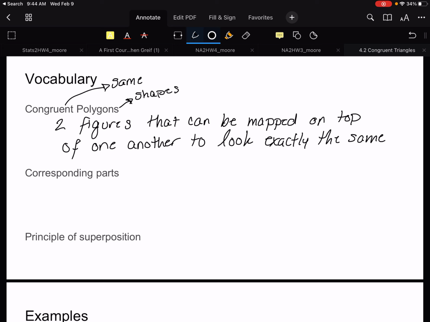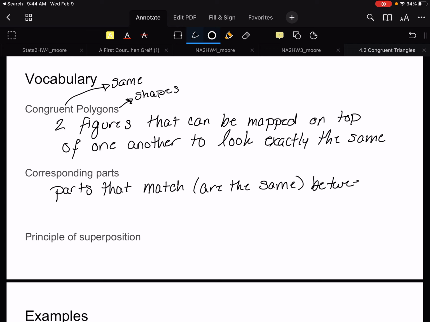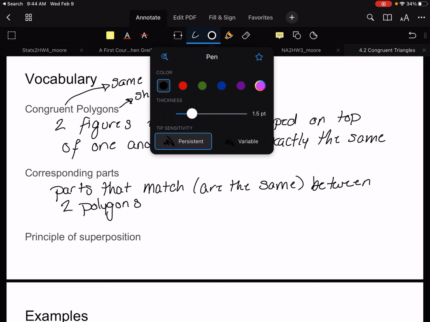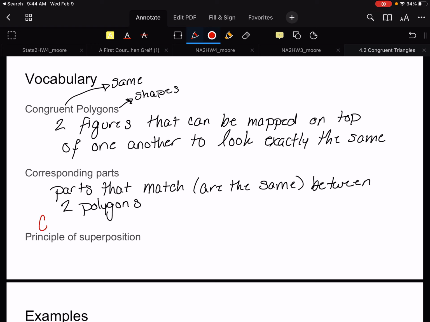Corresponding parts are the parts that match between two polygons, or are the same. And here, something important to note is the phrase CPCTC.